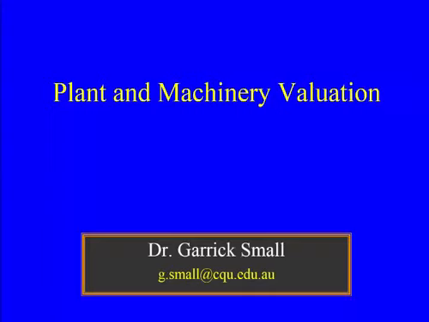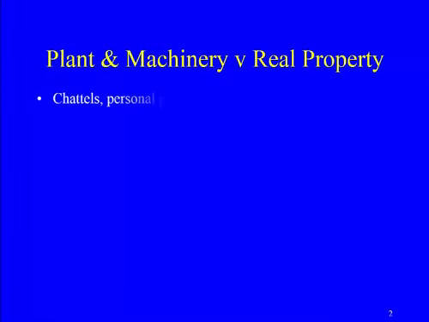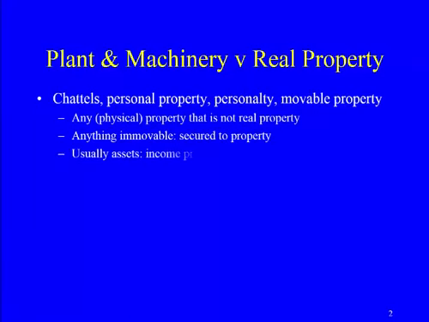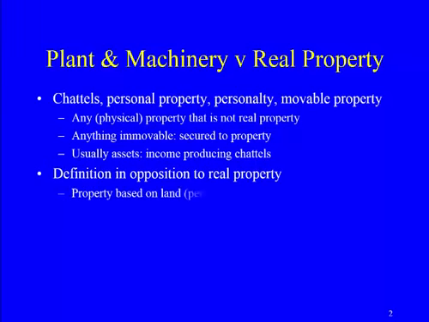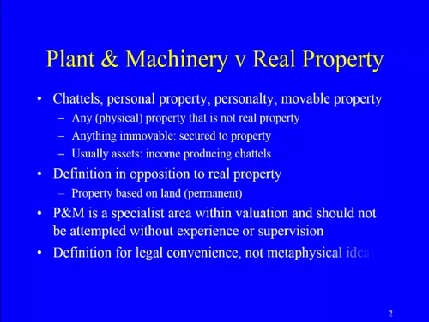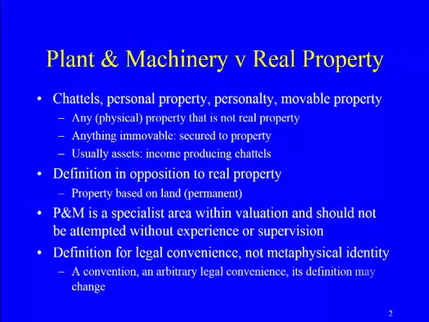Generally, the definition of plant and machinery, or in fact chattels, movable property, personal property, is that it's anything movable, anything that is not secured to property. And in earlier and simpler times, personal property, say, associated with real estate, was considered to be those inclusions in the property that were not physically or permanently attached.